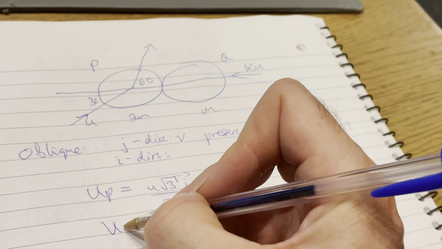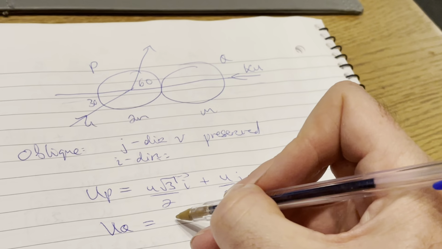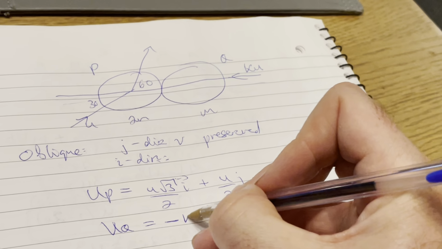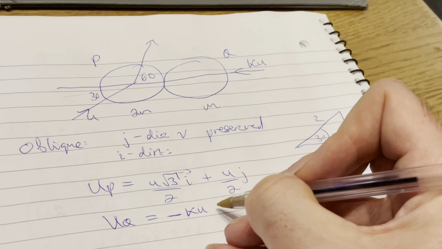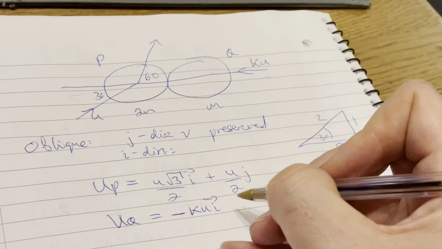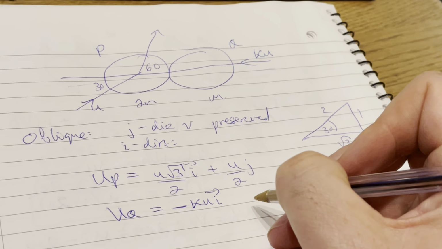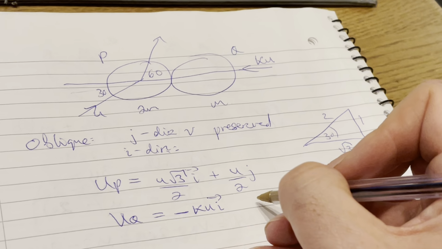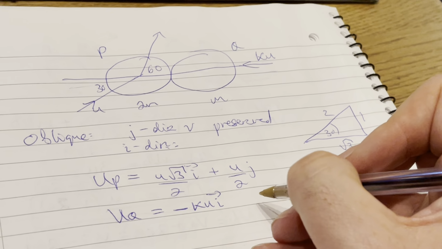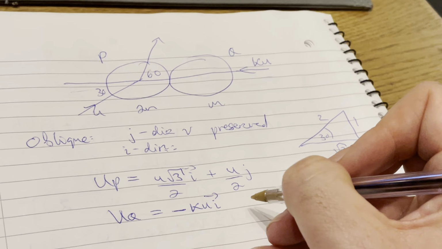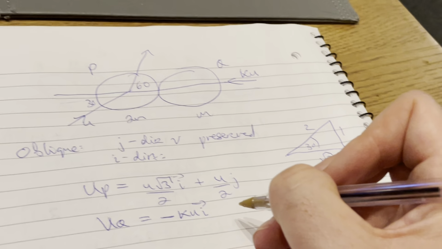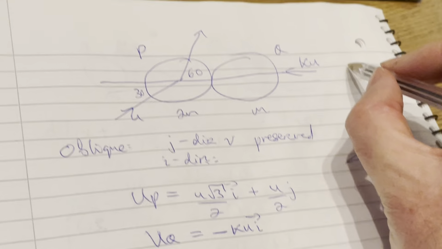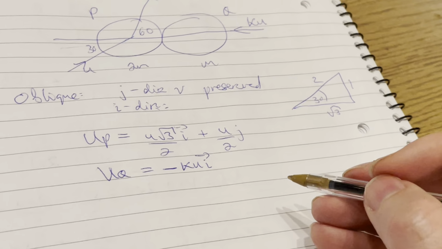U of Q is nice and easy. It's equal to minus, and that's the crucial one there, minus KU in the I direction. Interesting that the J velocity is preserved, so it can't have any J afterwards either. So it'll be like a snooker ball, probably going backwards there.